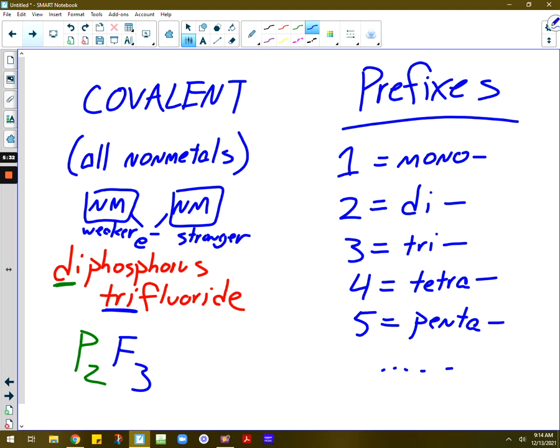My strongest elements are going to be the ones up toward the top right, like my fluorine, my oxygen, my chlorine. And so they're going to be the stronger, slightly more negative piece. The weaker, slightly more positive piece is going to be here. But it's not a true positive and a true negative because nobody's stealing electrons from anybody. Nobody's becoming ions.